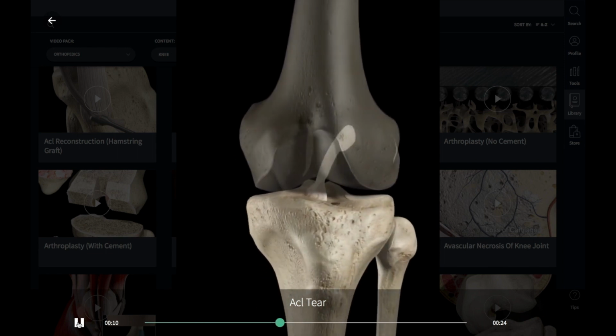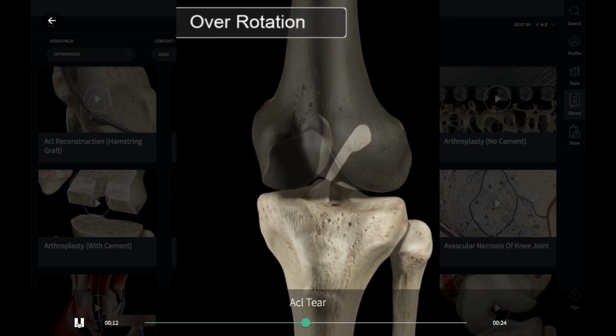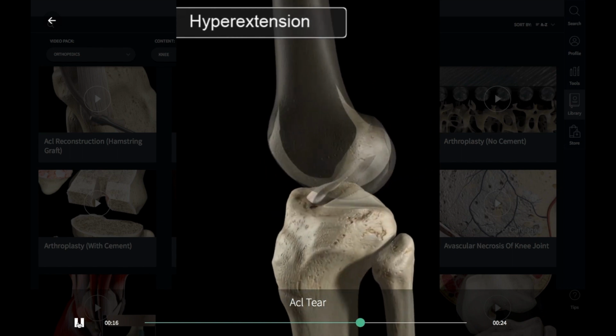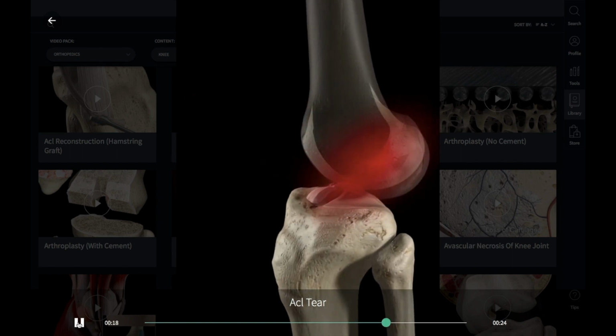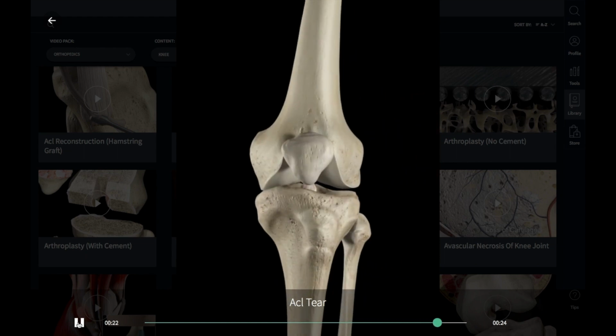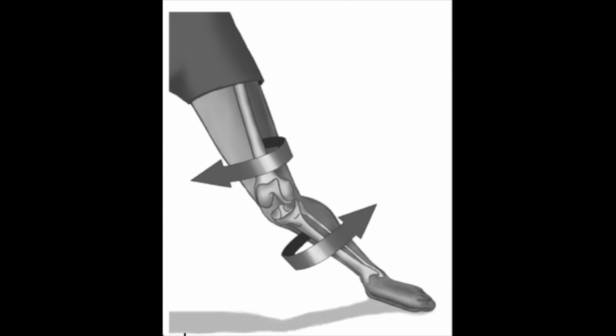Now, the first reason is over-rotation, which puts too much stress on the ACL. Secondly is hyperextension, the knee going backwards, that again stresses the ACL too much. The most common cause for a non-contact ACL injury is rotational stress. So here's a picture that depicts that.